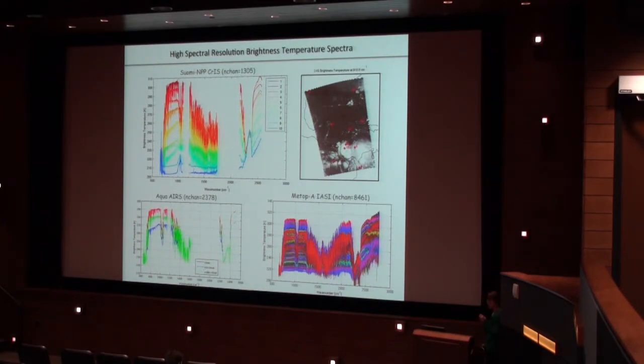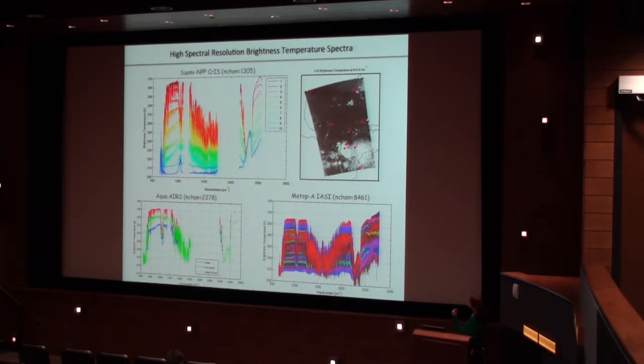What I love about hyperspectral measurements is that if you look at the spectrum, you can already see quite a bit about the scene. On top, for example, I have CrIS spectra, and usually cloud spectra can be easily distinguished from clear ones. We all know that the brightness temperature in the window region corresponds roughly to the surface temperature.